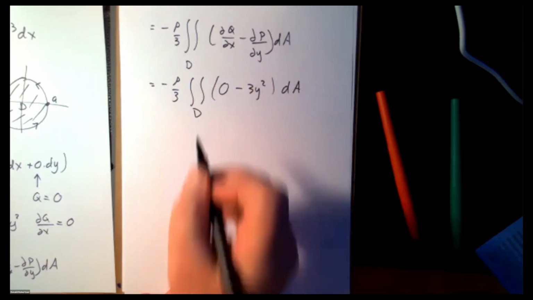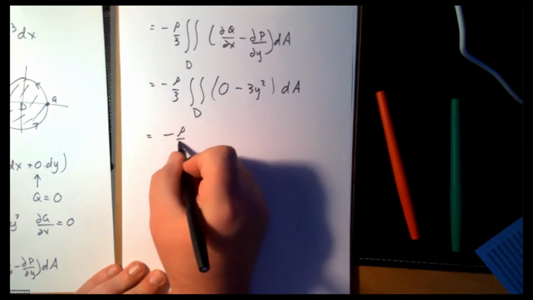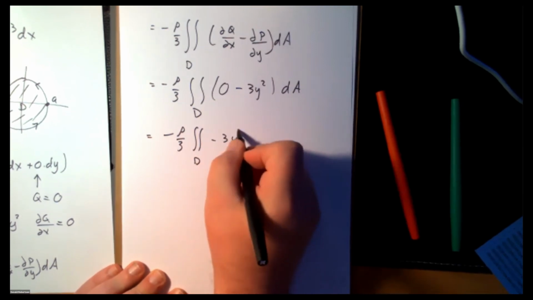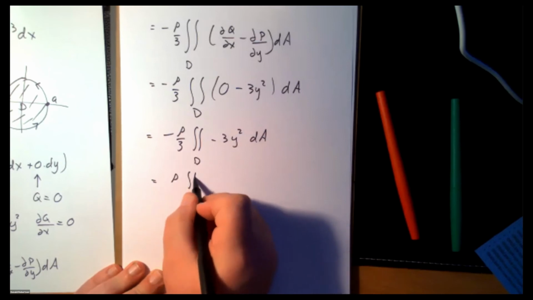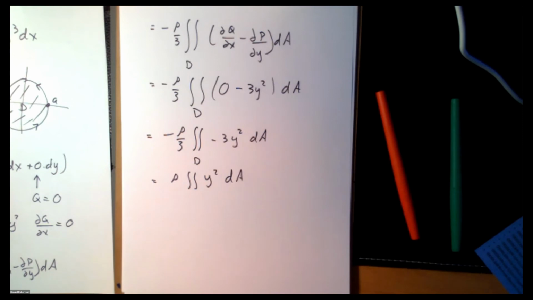And I'm just calling this region D. And you probably don't need anywhere near as many lines as I'm writing down. Are you happy about the negative 3 killing off the negative 1/3 and getting basically just a rho tagged on at the end?